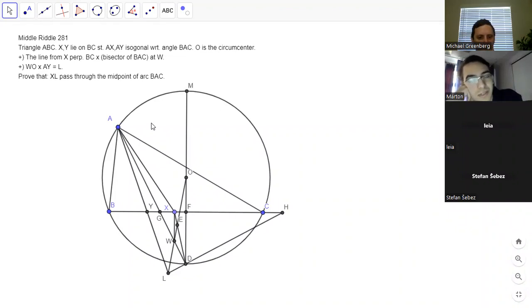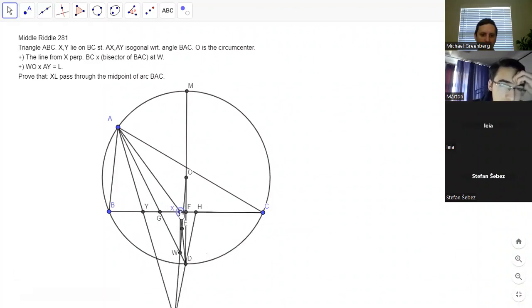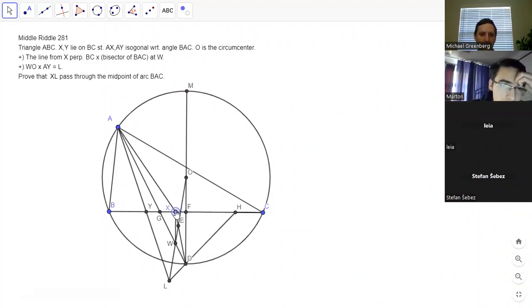So I'm not that comfortable with moving points, but you have to show it for 3 cases. So maybe we can move X to be the midpoint, point C and point B or something like that. Okay, so I will try to see if we can do it with that.